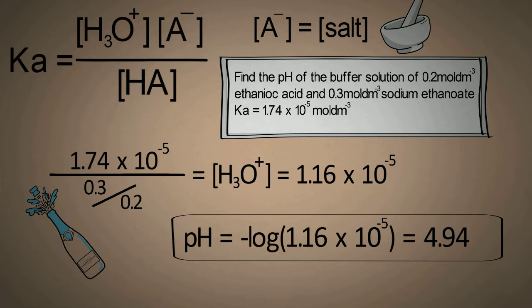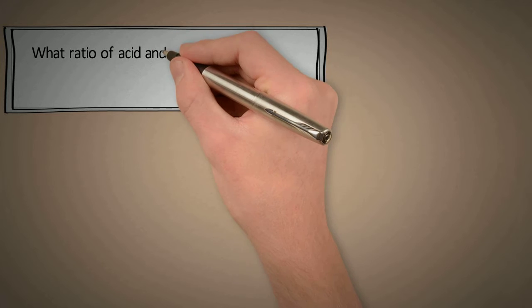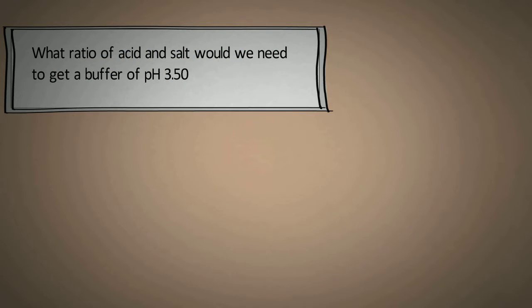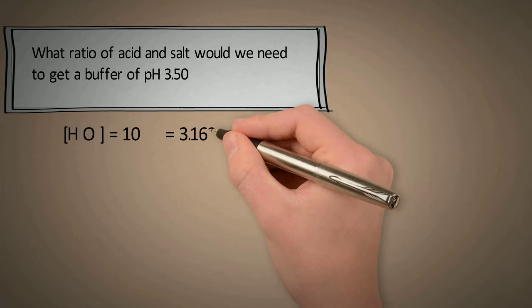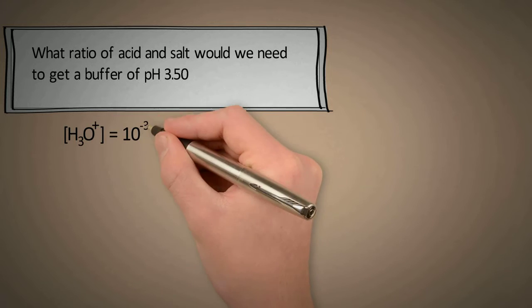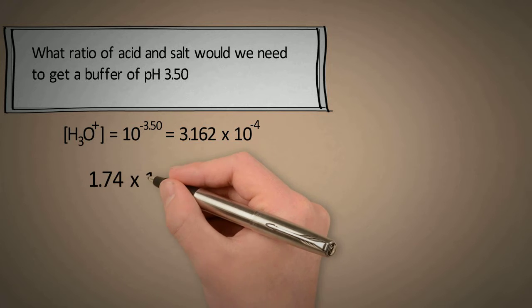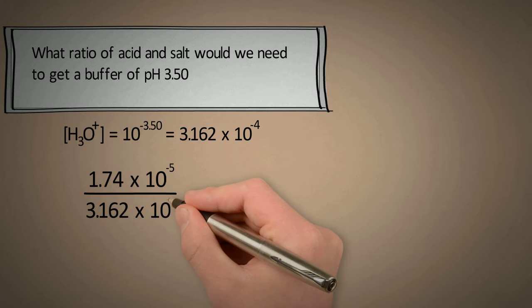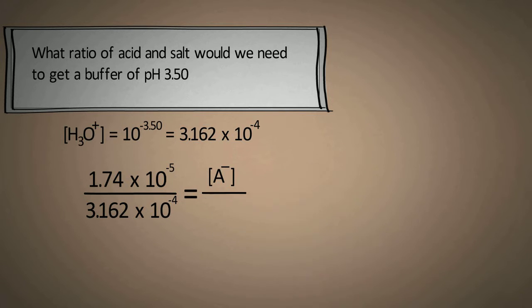They could, however, ask you to do it the other way round. So how much acid and salt do we need to have a buffer with a pH of 3.50? Well, first we're going to want the concentration of the H+ ions, so that's 10 to the negative 3.50, and with the Ka of ethanoic acid we divide it by the H+ ions, and this will get a ratio between the acid anion and our acid.